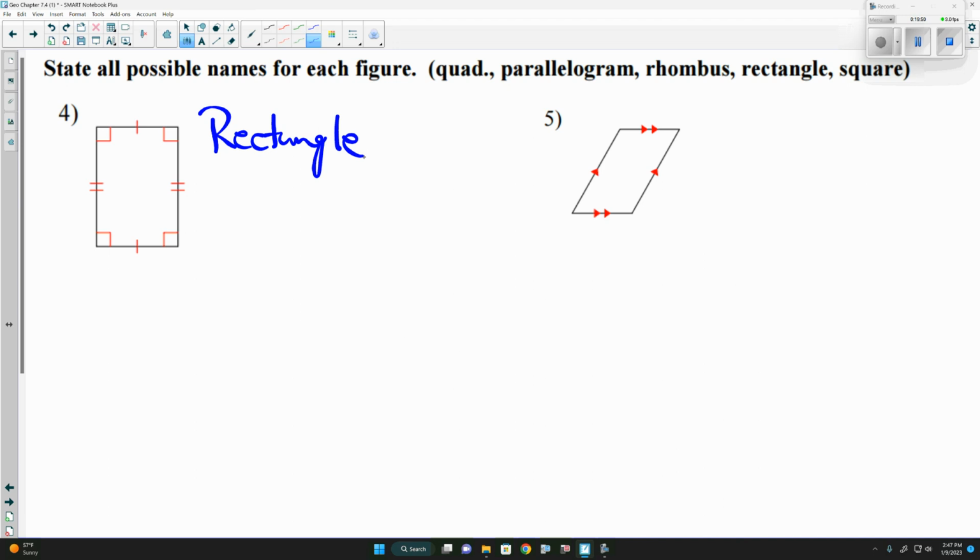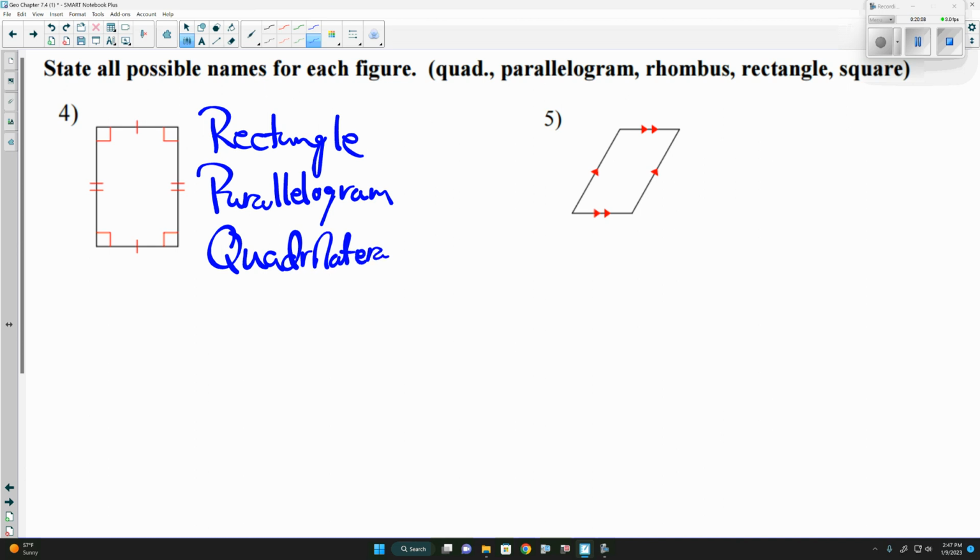Can it be a rhombus? What's the definition of rhombus? So it can't be a rhombus. And you can shorten quadrilateral to quad if you want.